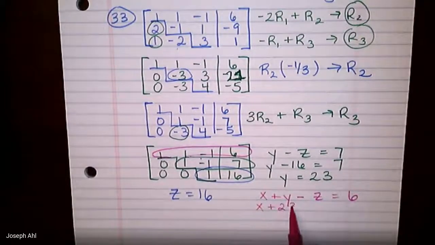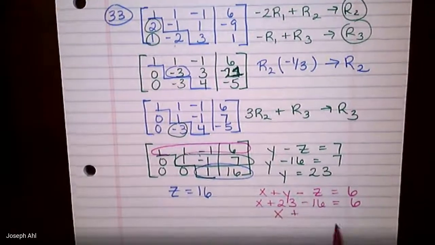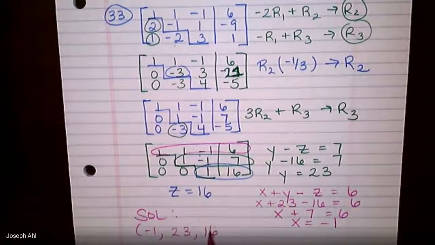So x plus 23 minus 16 equals 6. So if I do 23 minus 16, that should be 7. If you subtract 7 over, you get x equals -1. So the solution to the system should be -1, 23, 16.